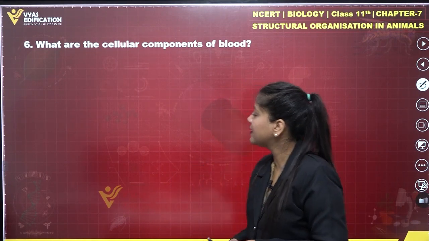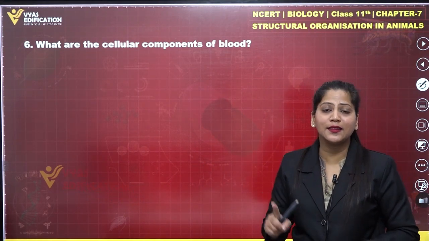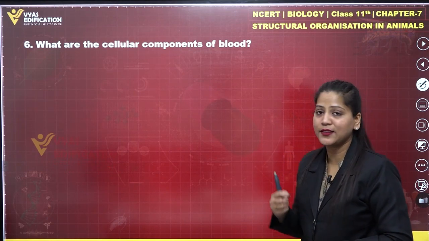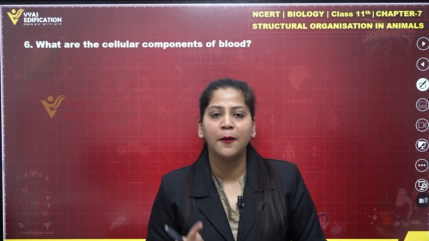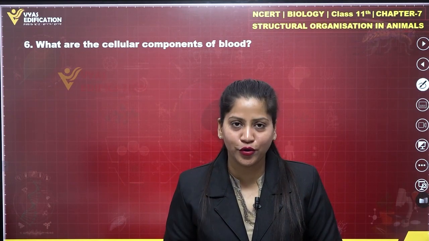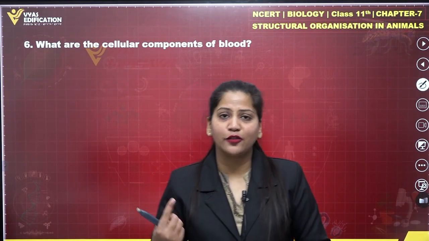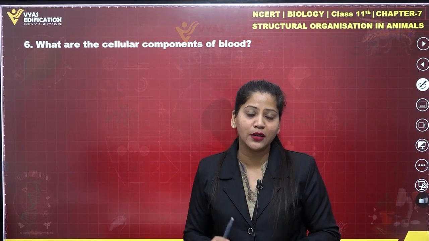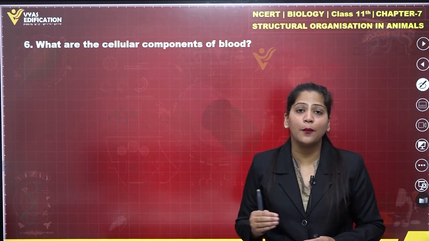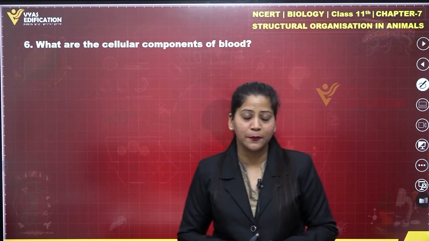Now, this question is actually asking about only the cellular components of blood, such as erythrocytes, leukocytes and thrombocytes, because plasma is actually a fluid portion, so we are not going to talk about the plasma in this question.